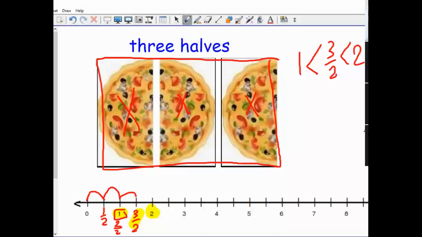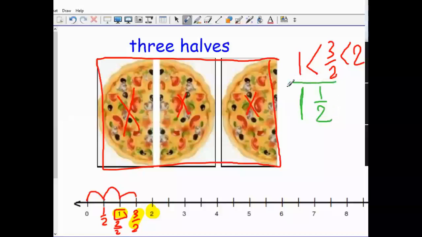Excellent, excellent. Jenny, 1 point. Okay, so Jenny said that 3 halves of pizza makes 1 whole pizza and 1 half of a pizza.